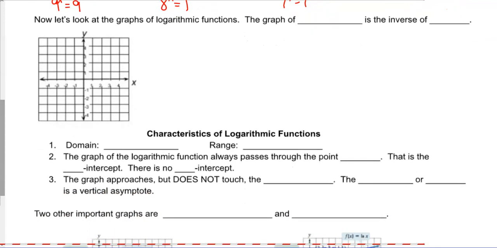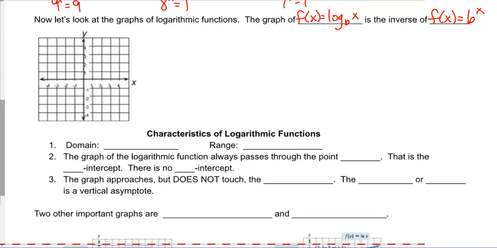Now, I'm going to be looking at a graph of a log. So if I look at f of x equaling log base b of x, remember that is the inverse. They are opposites of each other of the exponential b to the x, okay?